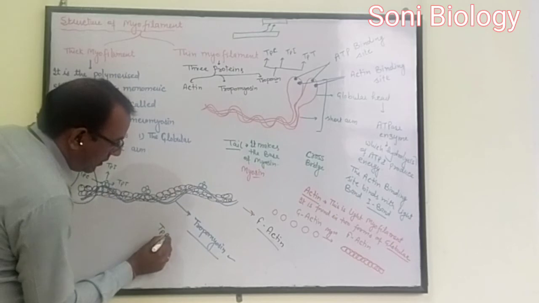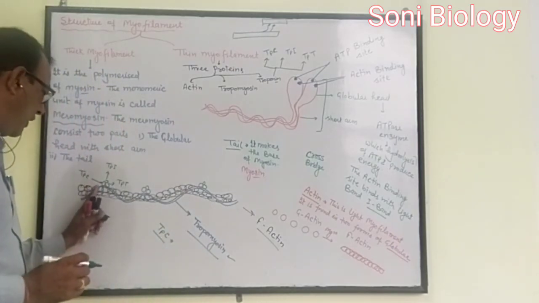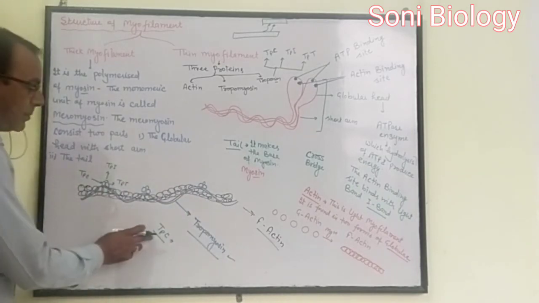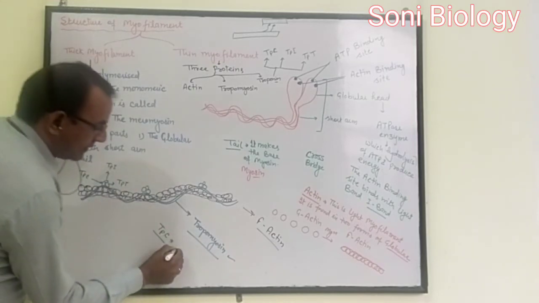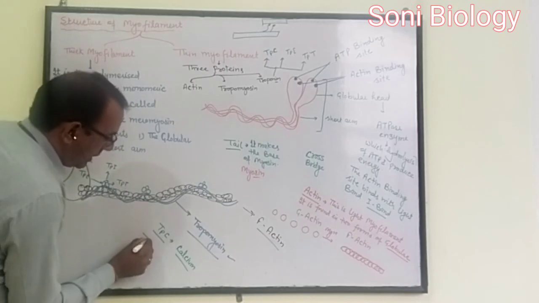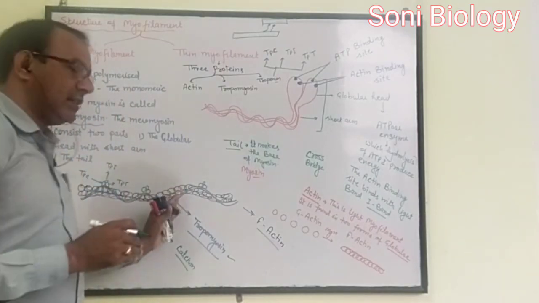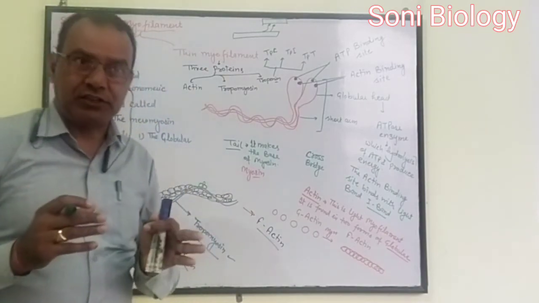TPC binds the troponin to calcium. TPI inhibits the binding of actin with myosin, which makes the cross bridge.